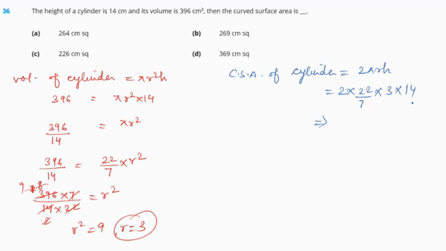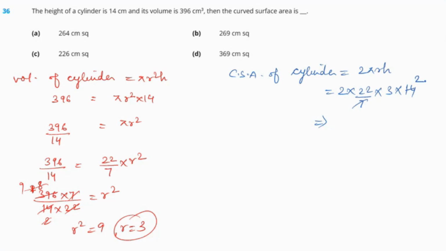Okay. The correct answer needs to be 264 centimeters square. Okay, so now after this, 2 times 22 times 3 times 14 by 7 we need to do.